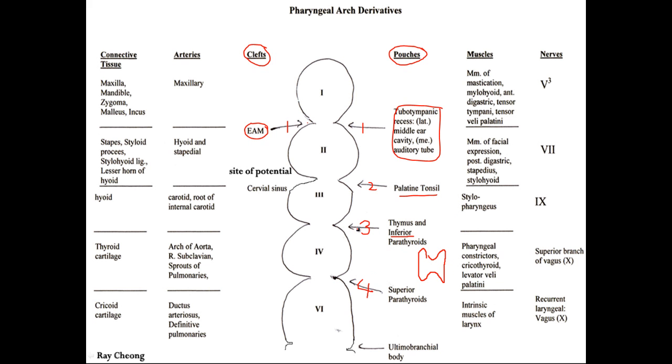And we kind of have this waltz of the parathyroids. So the inferior parathyroid comes from pouch 3, and it's going to go low in the thyroid here. And a superior parathyroid comes from pouch 4, and it's going to go high in the thyroid, right here.